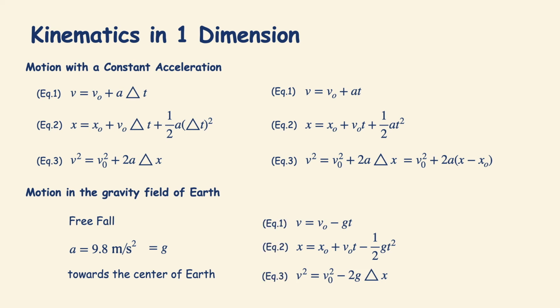Again, 1, 2, and 3 equations. It's very important to remember that g here stands for 9.8 meters per second squared. There are no minuses in the symbol of g, but I have explicitly written a minus sign here in the equations, all three equations, because I have already made my choice for the upward direction to be the positive direction.